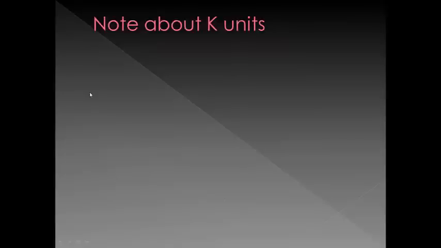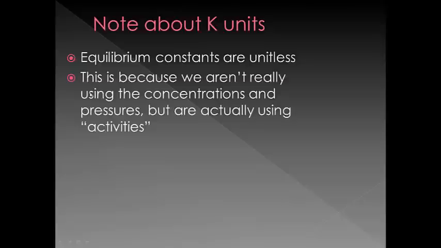Now, I've mentioned several times that K is a unitless quantity. Let's look at why that is now. When I've been telling you to fill in the concentrations or pressures into the Kc or Kp equations, what I've been telling you isn't actually 100% true. What we've really been filling in is something called activities.